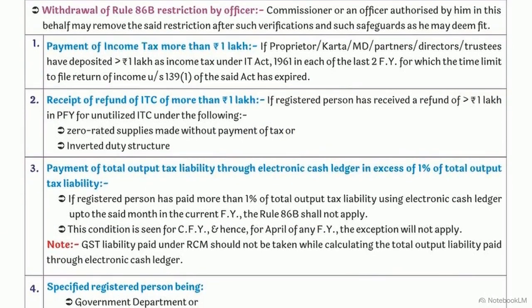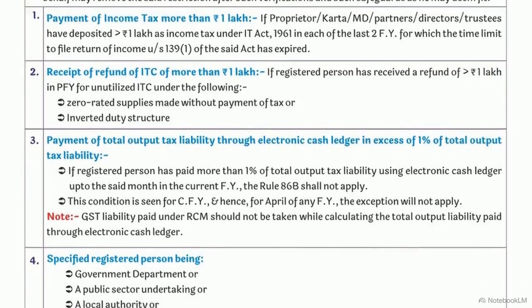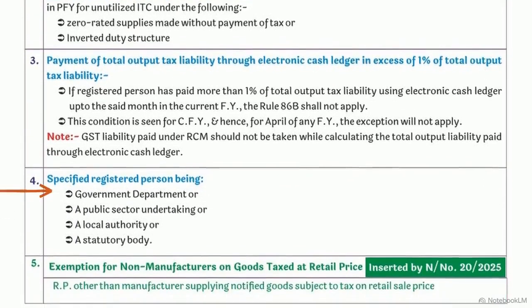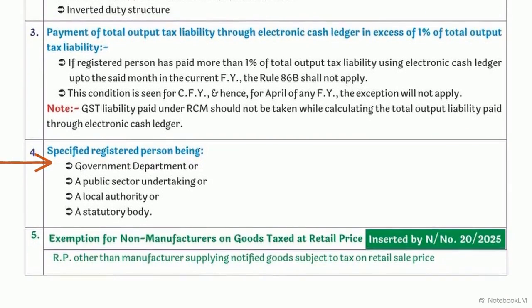Finally, the newly inserted Notification 20/2025 fully exempts registered persons, other than manufacturers, who are supplying notified goods subject to tax on the retail sale price. Rule 86B operates strictly as a liquidity safeguard. It forces larger taxpayers to maintain physical cash flow for GST payments, unless they belong to an exempt class or can prove a strong baseline of historical tax compliance.